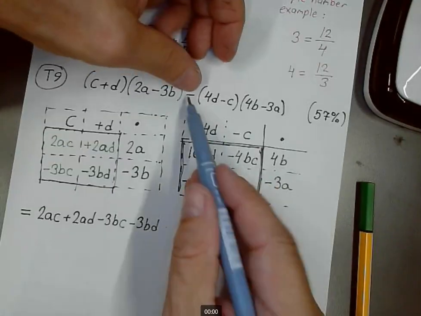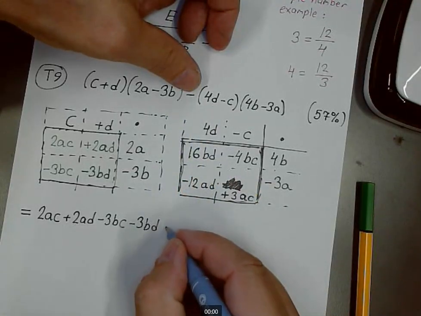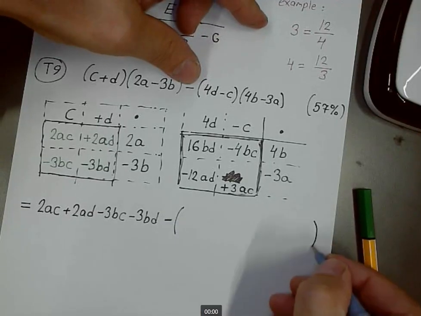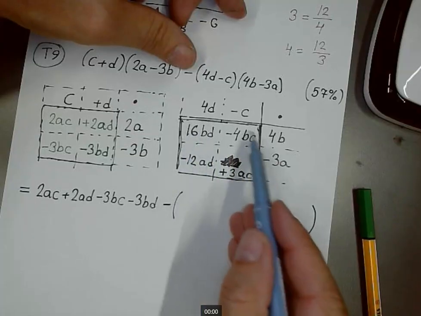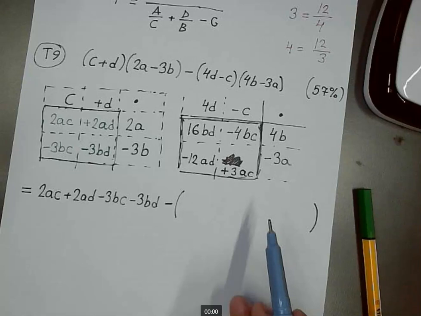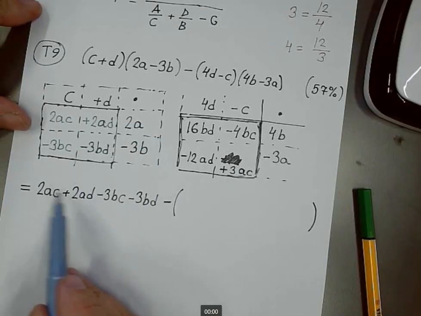We have this minus sign between those multiplications, so I put minus here, and then I use brackets or parentheses here, and this will be written inside of these parentheses. And I use the alphabetical order now so that it will be in the same order as here.